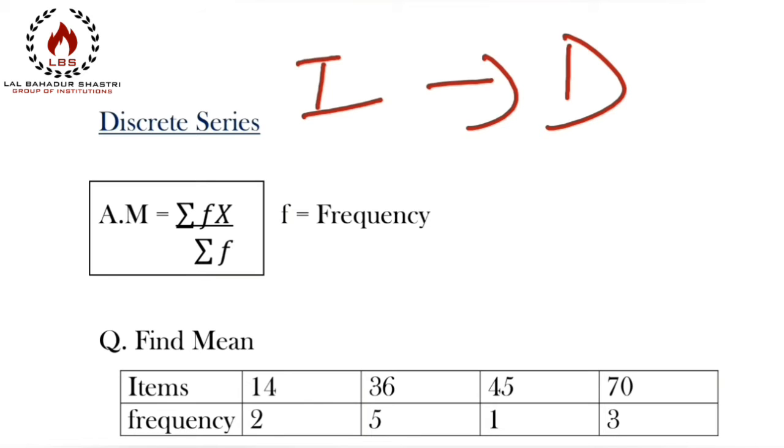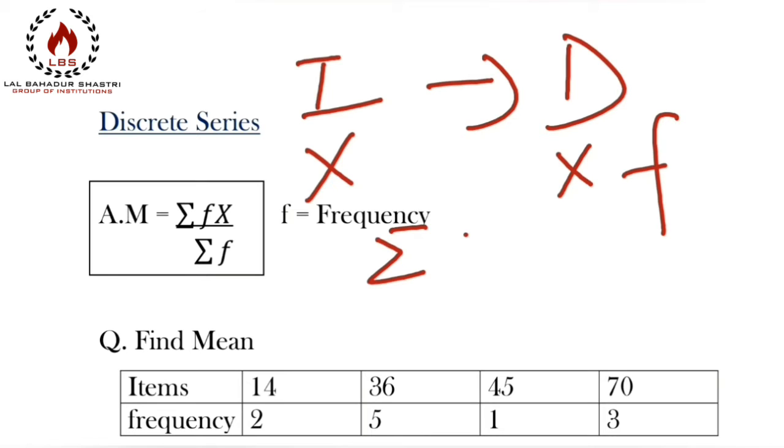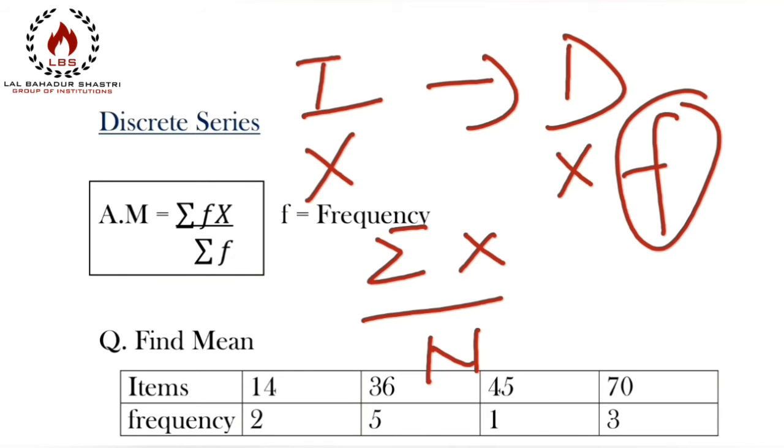When you move from individual to discrete series, in individual you only have observations, but in discrete you have observations as well as their respective frequencies. So when we have individual series, the direct formula is sigma x by n. This is the formula we have in direct method in individual series. Now when we move from individual series to discrete series, this frequency is added. So you have to do nothing but add frequency in this formula.